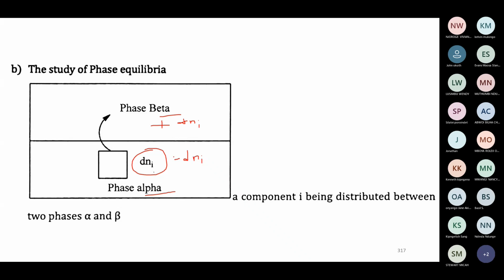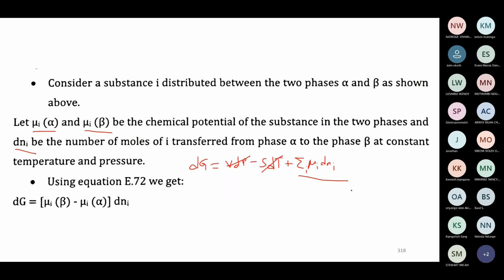So the sum of the two gives positive mu i beta dNi, plus negative mu i alpha dNi. So therefore it becomes mu i beta minus mu i alpha dNi.